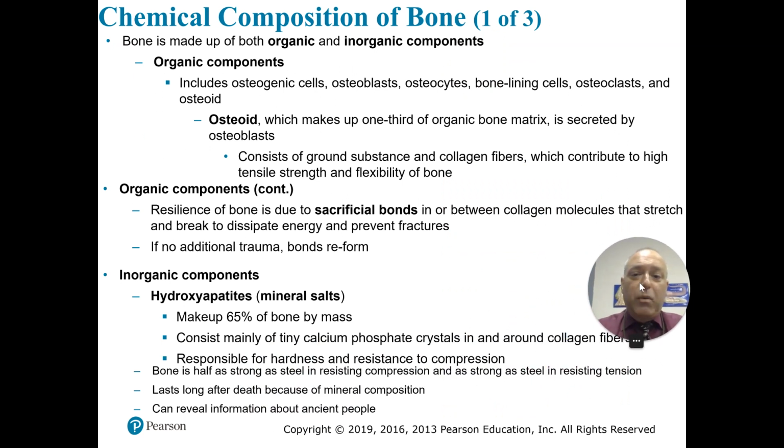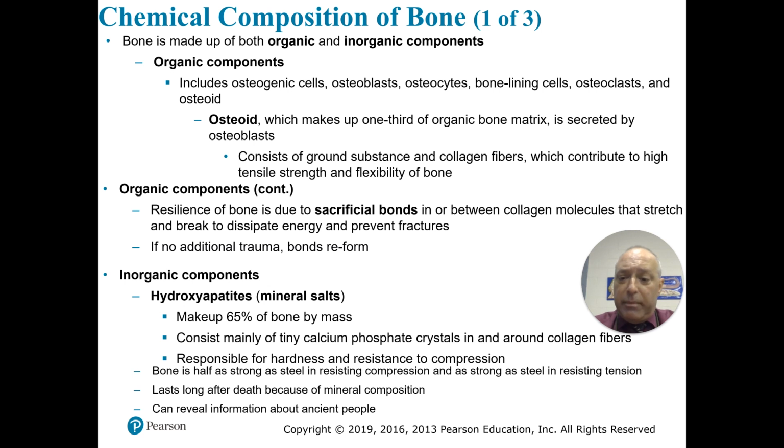So bone is made up of organic and inorganic compounds. The organic compounds are the osteogenic cells, the osteoblasts, osteocytes, bone lining cells, osteoclasts, and the osteoid. Osteoid makes up 1/3 of the organic bone and is secreted by the osteoblasts.